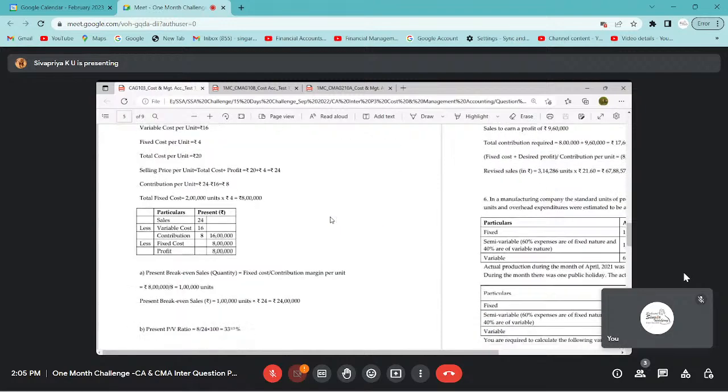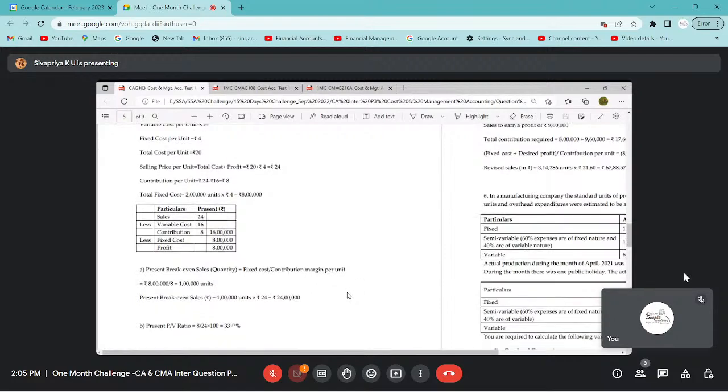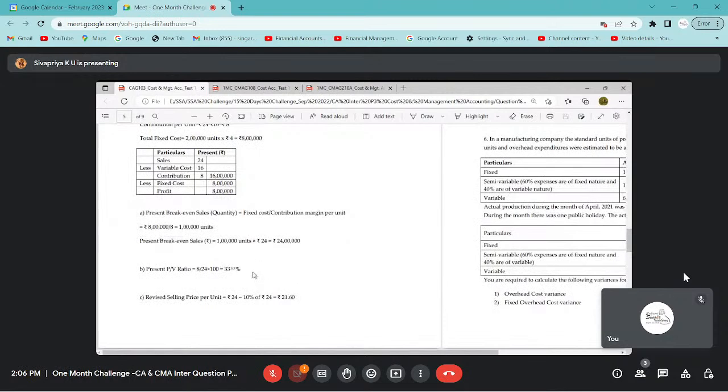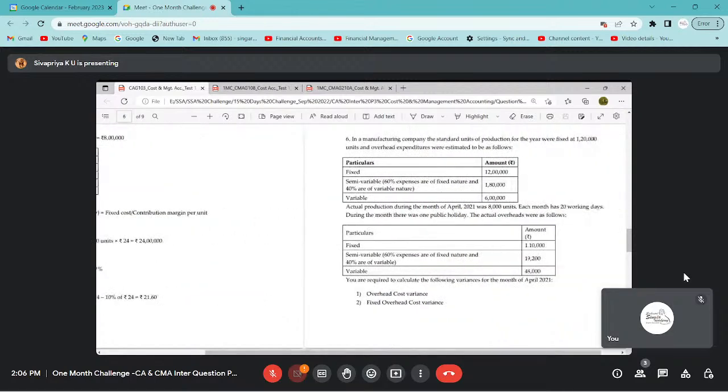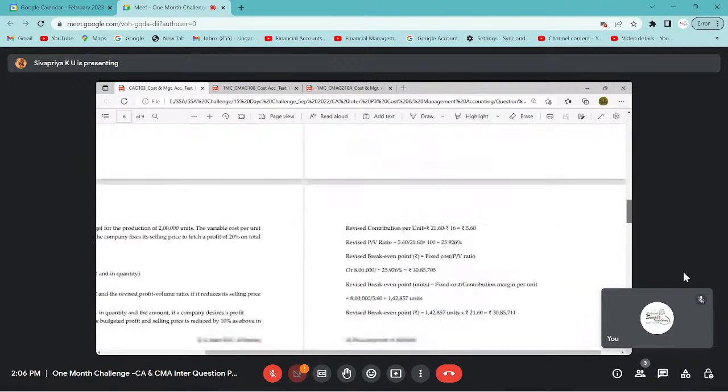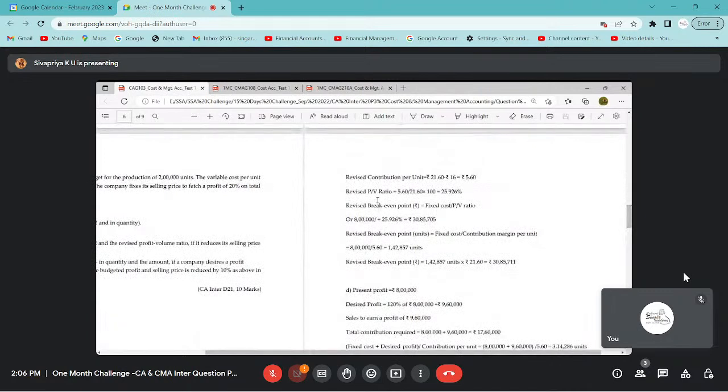So the answer for A, present break-even sales, is 24 lakhs. Present PV ratio is 33.1.3%. And the next is revised selling price, which will be 21.60. So this is a calculation.